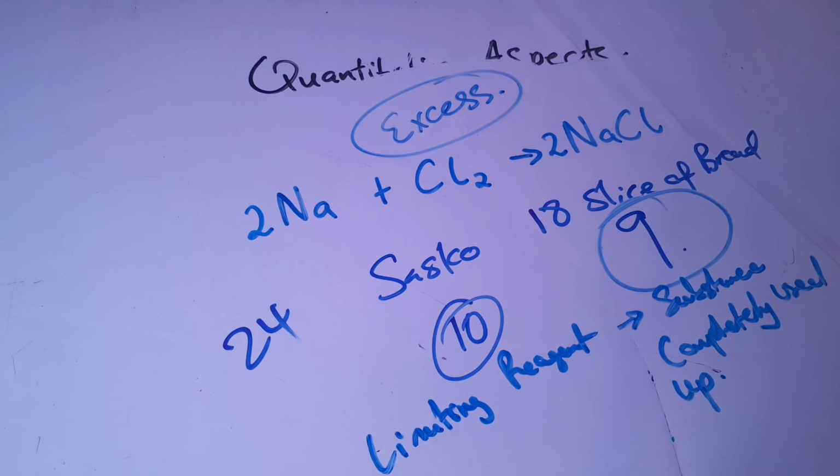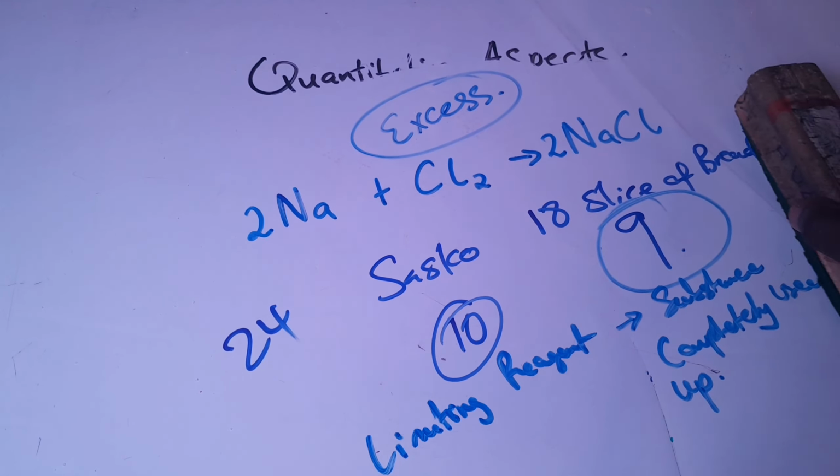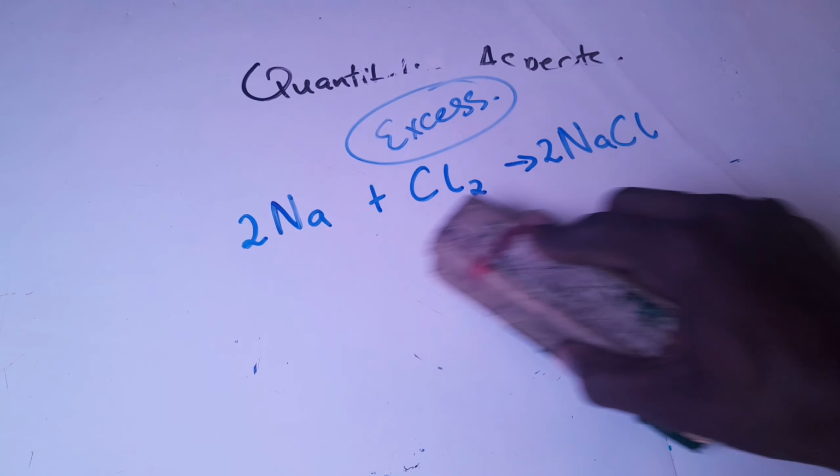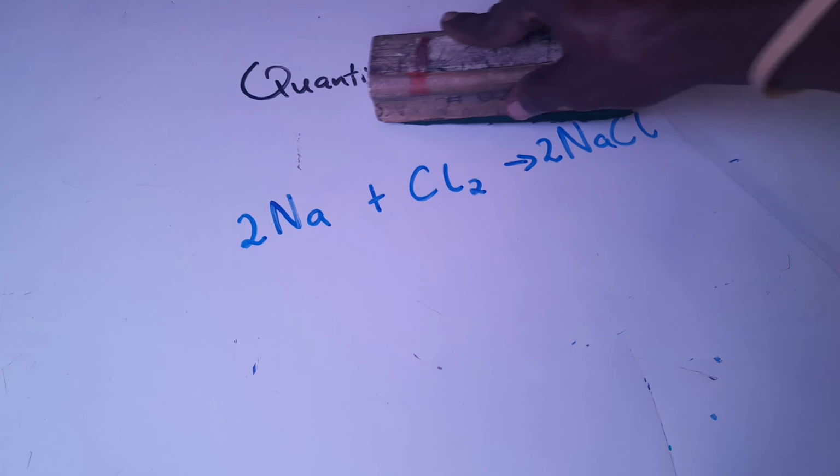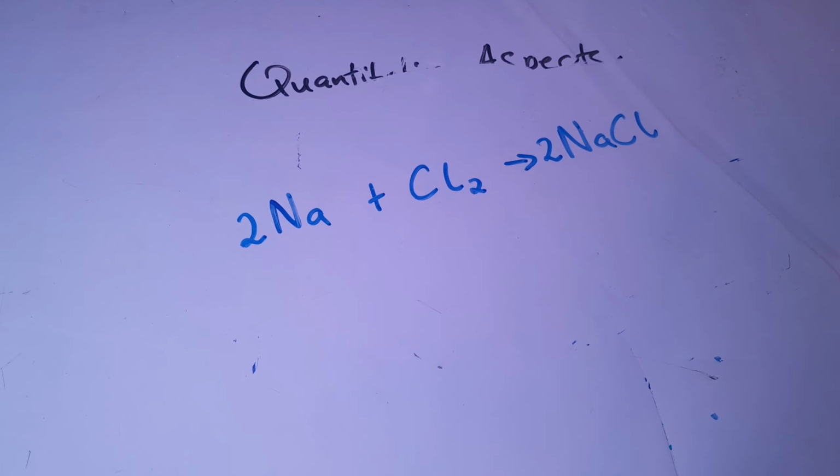So in chemistry, we are going to use a lot about the limiting reagent and the excess reagent, right? Yes. And I helped you to understand what that is. So now let's take it to sodium reacting with chlorine.